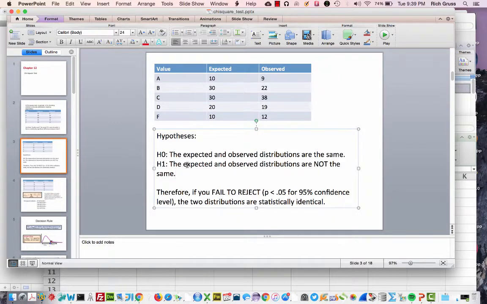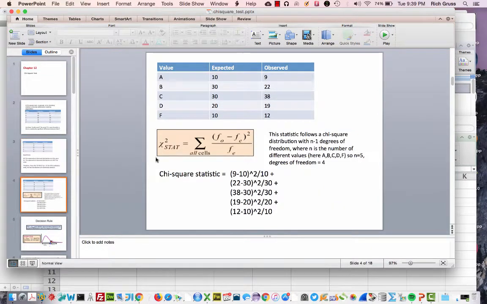If you fail to reject, at a certain level of confidence, then the two distributions are statistically identical. They know all the steps of generating the hypotheses, deciding on the confidence level, and the critical value method and the p-value method.